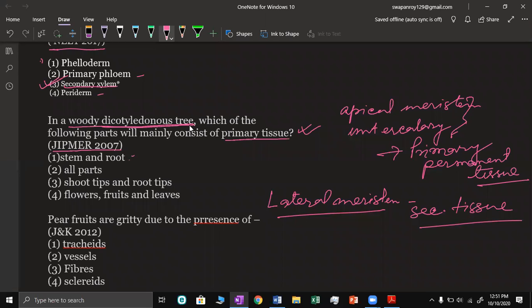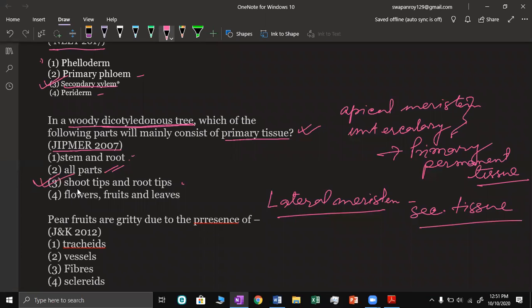So when the secondary growth takes place, a major part of the plant organ contains secondary permanent tissues. Primary permanent tissues are very few in those organs of the root and stem after the secondary growth. So stem and root cannot be the answer. All parts, no, this also cannot be the answer. Shoot tip and root tip. This is the answer.